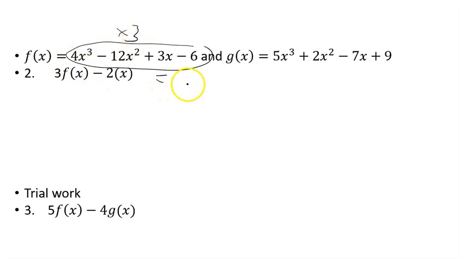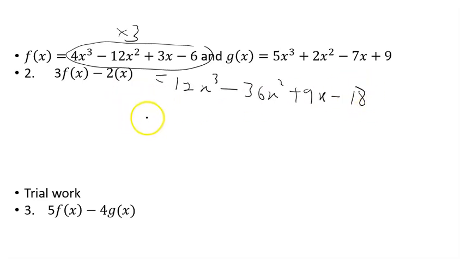3 times 4, 12s cubed. 3 times minus 12, minus 36s squared. 3 times 3, plus 9s. Lastly, 3 times minus 6, minus 18. And subtract. Then multiply the function g of s by 2.